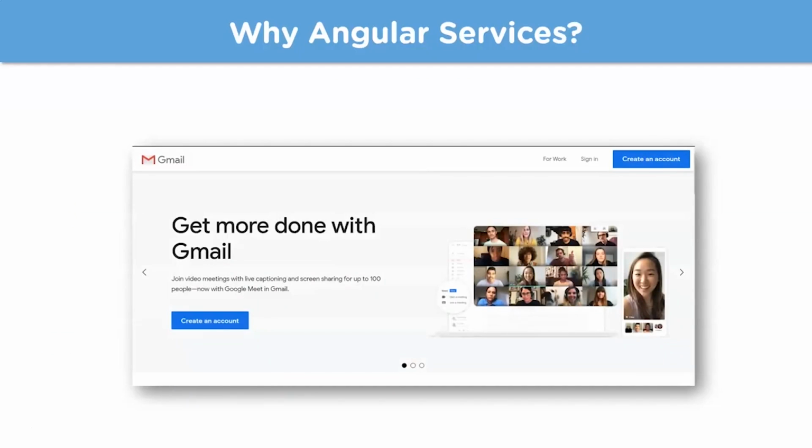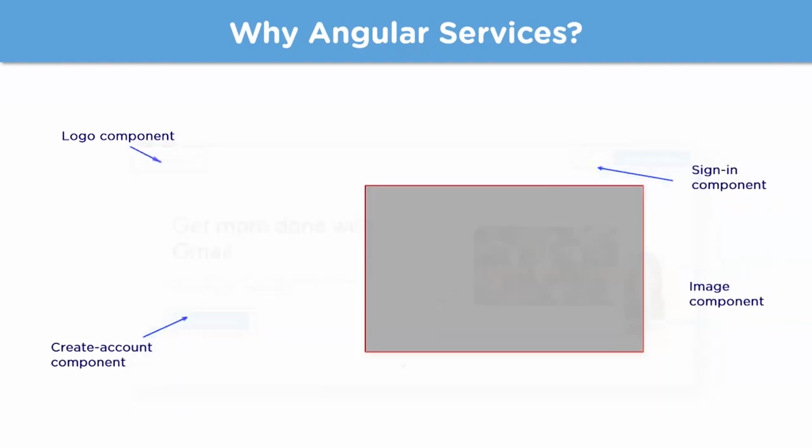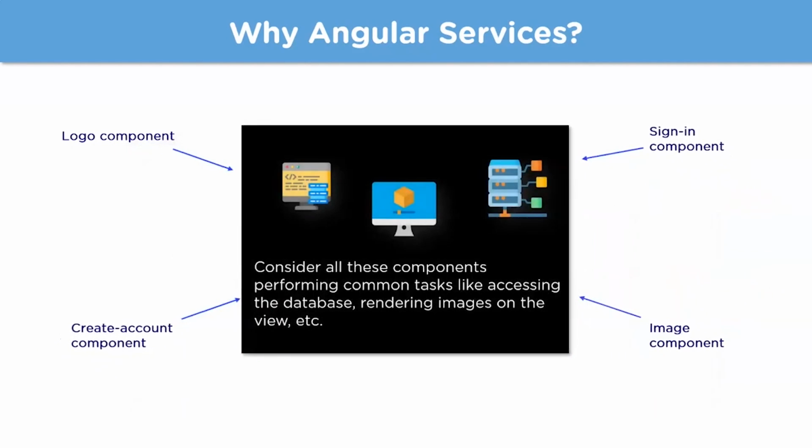Dependency injection plays a crucial role in Angular. I'm sure you all know that an Angular app is divided into several components. For example, you have the logo component, the sign-in component, an image component, and say a create account component. Now these components are standalone, and each of them represents a part of the user interface. Now imagine if all of these components performed common tasks, for example, accessing the database or rendering images on the view.